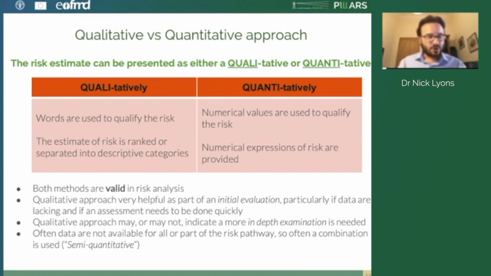But the qualitative approach is very useful at the start, because it indicates to you if you need to go forward and do the more involved quantitative analysis. Often these approaches are combined, and this is what we would call a semi-quantitative approach.